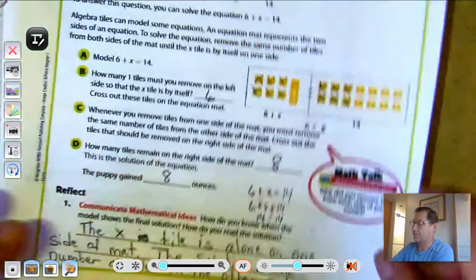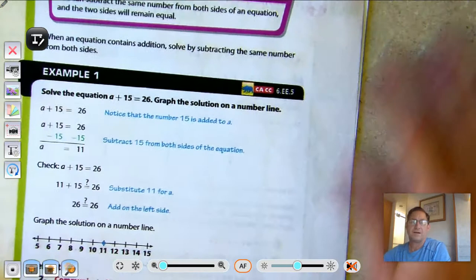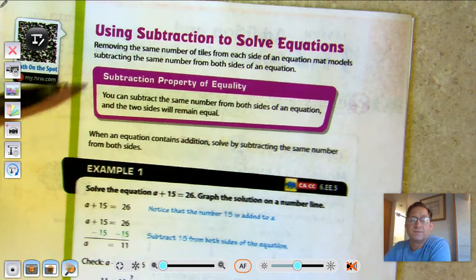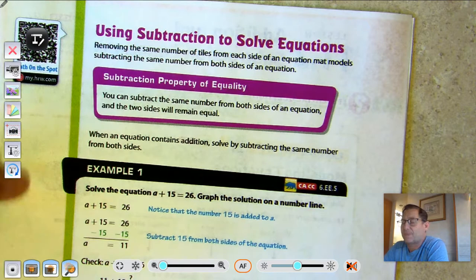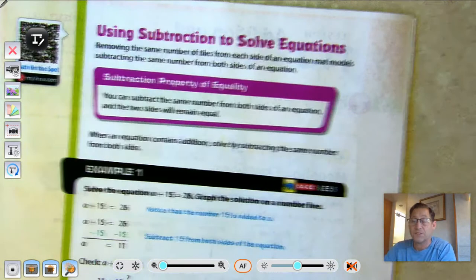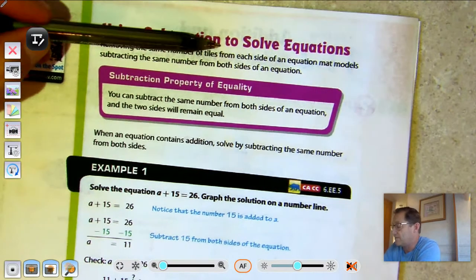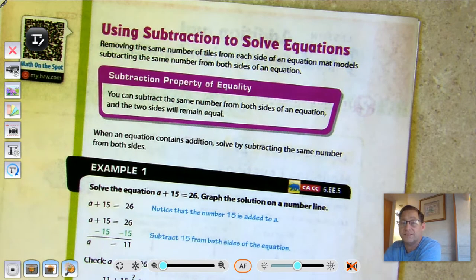All right, let's look at page 306. What about using subtraction to solve equations? Let me rephrase. The problem we just modeled in the activity was using subtraction to solve equations. Removing the same number of tiles from each side of an equation mat models subtracting the same number from both sides of an equation.